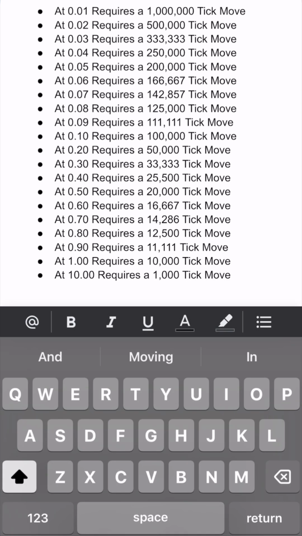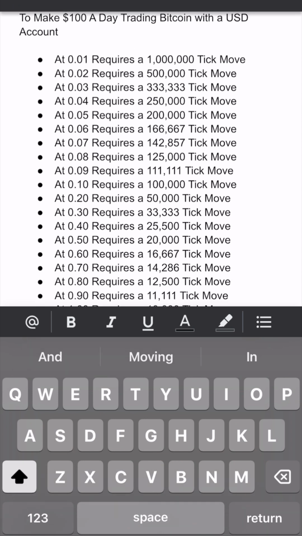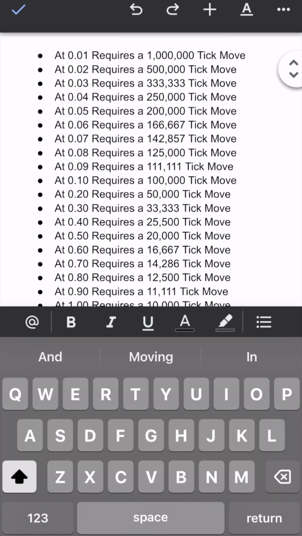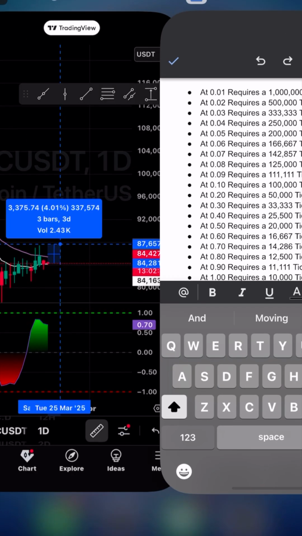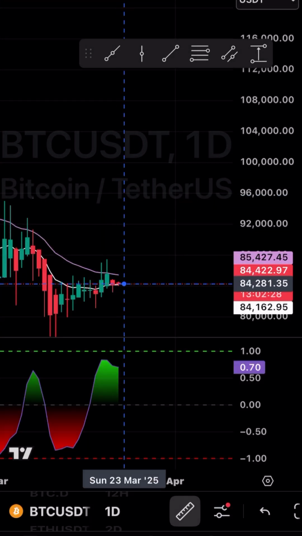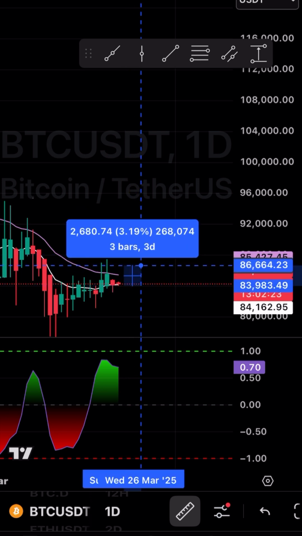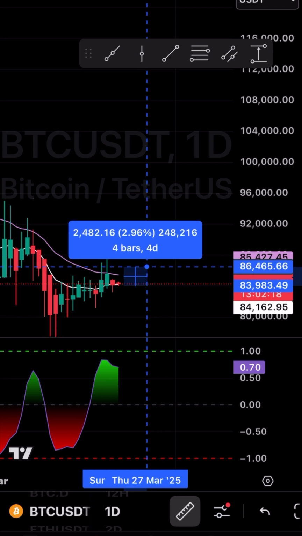So now I'm not going to really go through all these numbers, but basically, I think the big number here, I'll go over the first 5, and then we'll look at some of the bigger numbers here. We'll look at 0.04. 0.04 is at 250,000. 0.04 is about 250,000 ticks, which is right about, so there's that move right there is your $100.